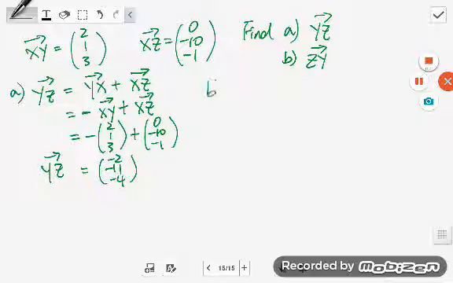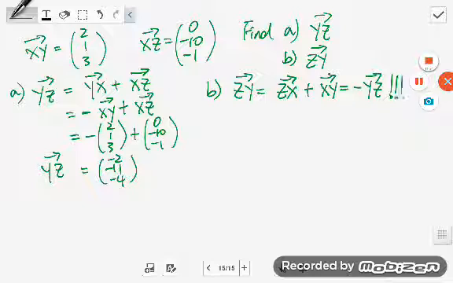Okay? Now for part B, they want us to find the vector of zy. So I could do this the long way, which is to do vector of zx and then plus my vector of xy, right? I could do that. Or I can just say my vector of zy is the negative of my vector of yz, right? This is so much faster because I have my vector of yz from part A. So I don't really have to do the long method.